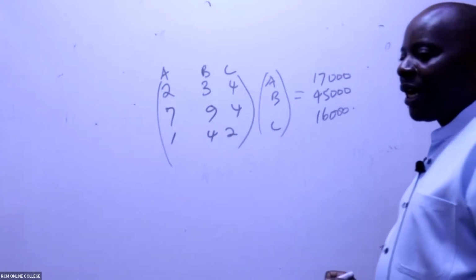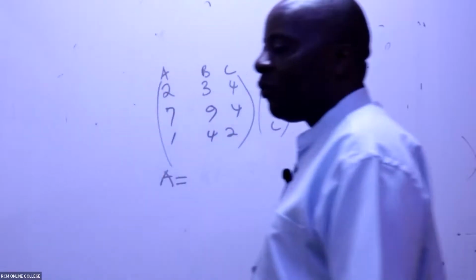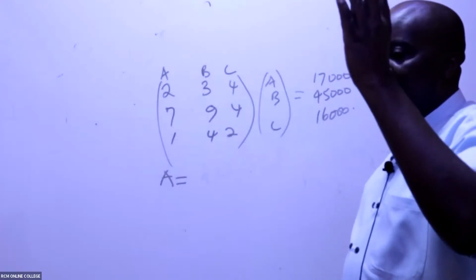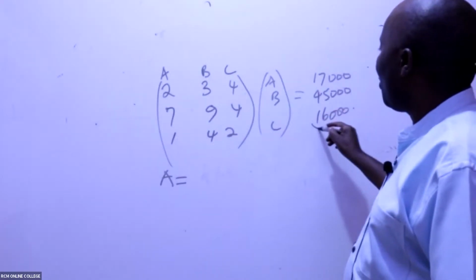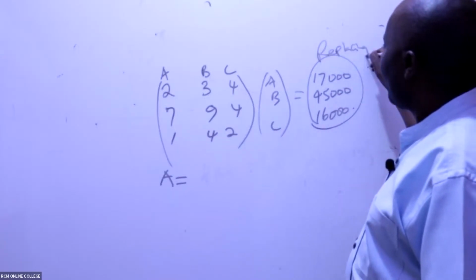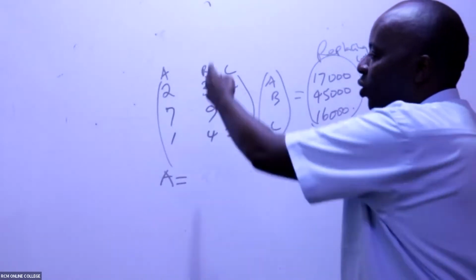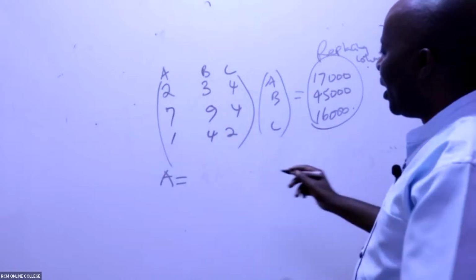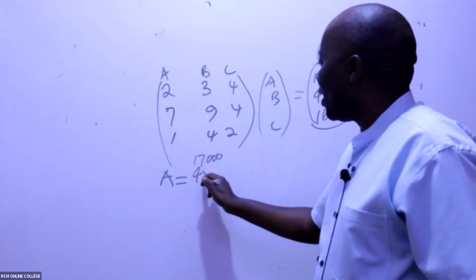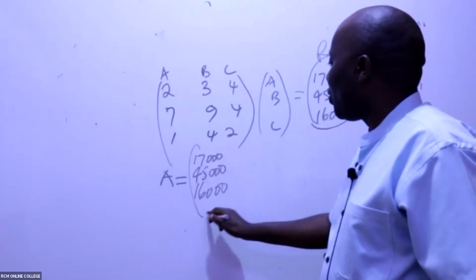Now, ladies and gentlemen, I want us to get the value of A. If I want us to get the value of A out of this, the column of A will disappear. In its place, we shall have this replacement: 17,000, 45,000, 16,000.